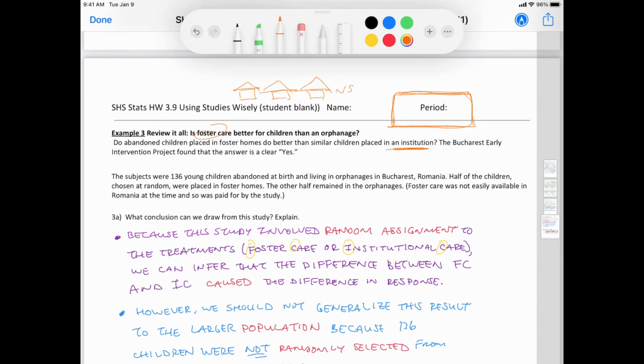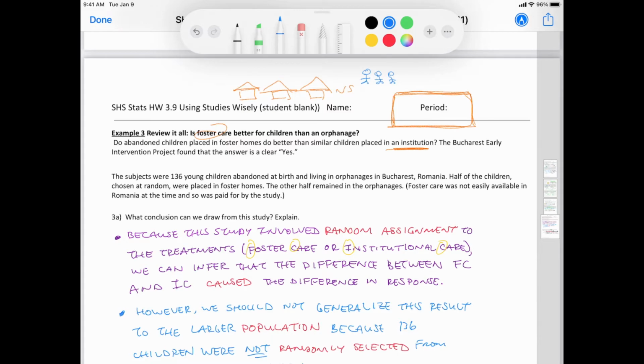So the question is, if I have these children, how did I get these children? That sounds kind of weird, but how did I get these abandoned kids? Did we randomly get them?